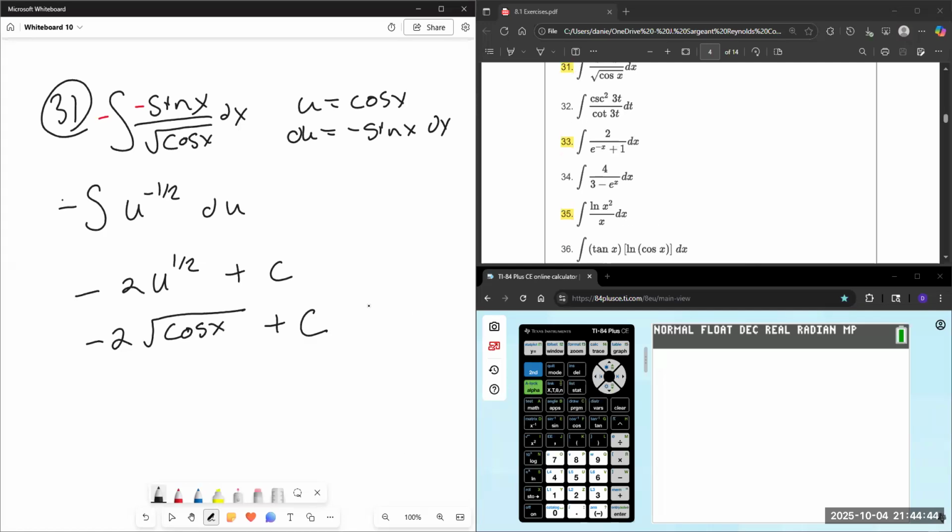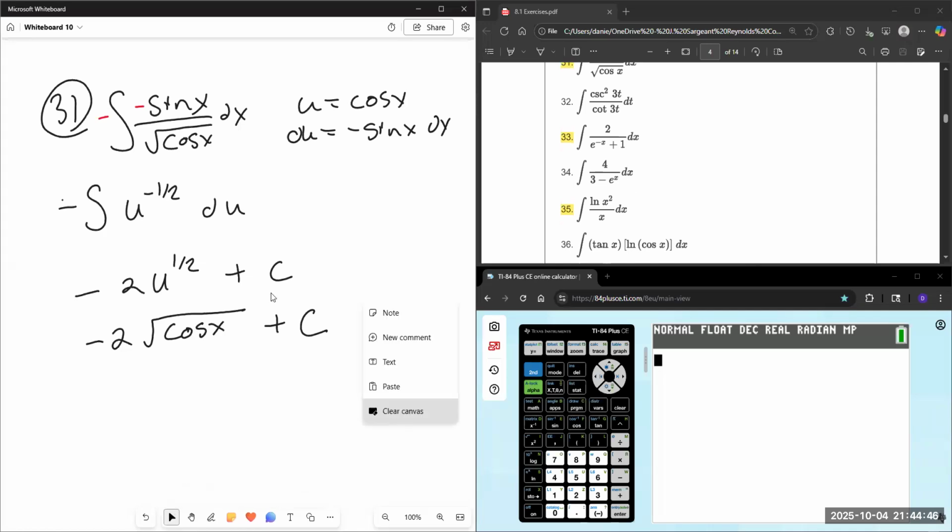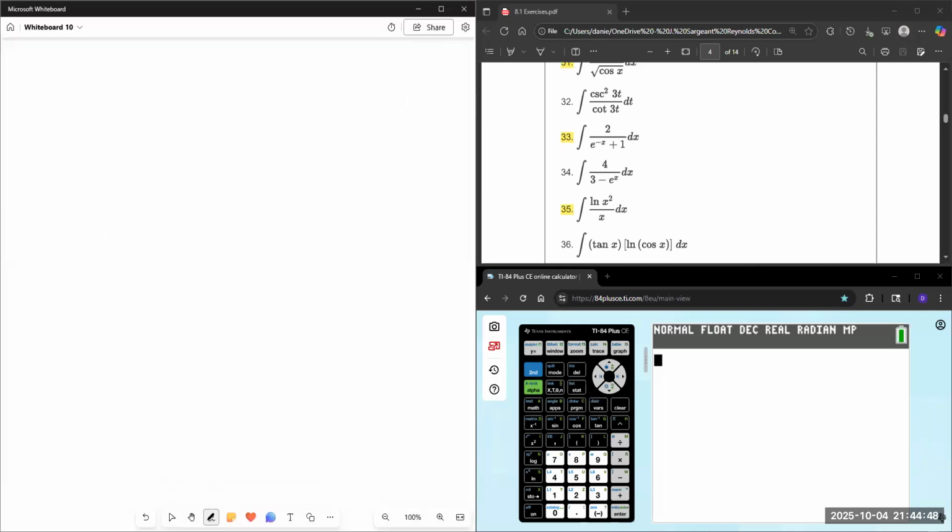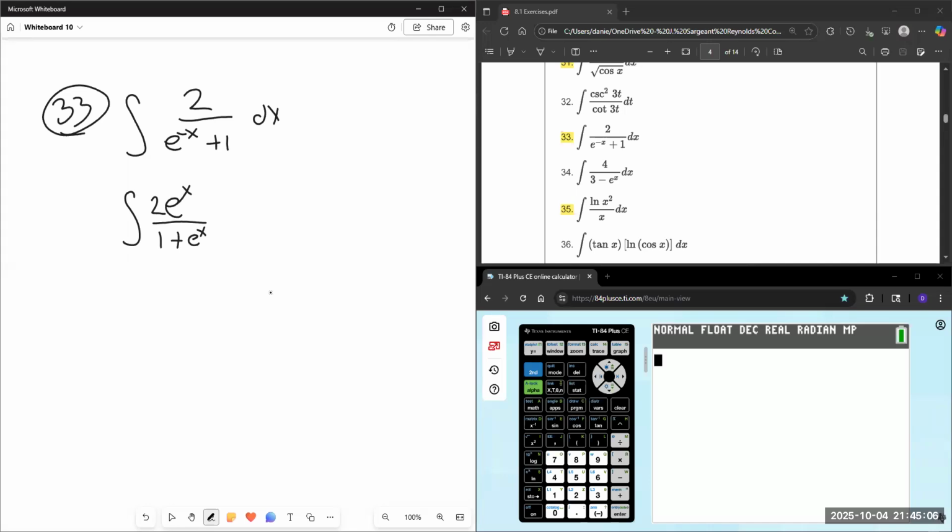Moving on to number 33. 33 says integral of 2 over e to the negative x plus 1 dx. I'm going to use the integrating factor of e to the x over e to the x. So 2 e to the x over 1 plus e to the x dx is 2 integral of e to the x over 1 plus e to the x dx.